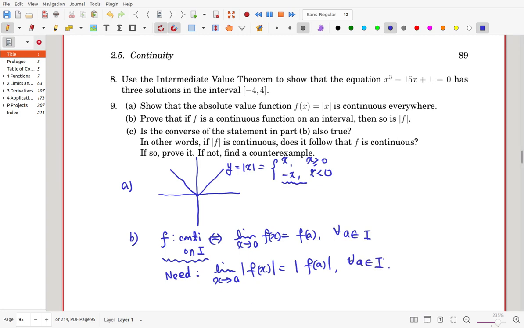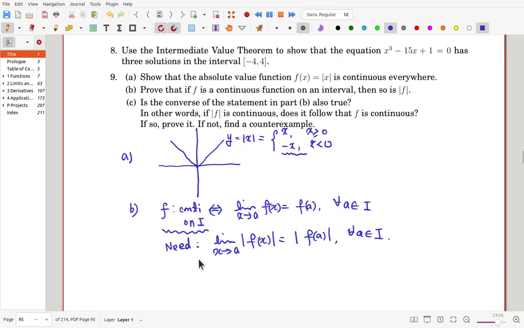That's what you need. But here we already assumed this one, so now we start with the left-hand side, the limit as x approaches a of the absolute value of f of x.